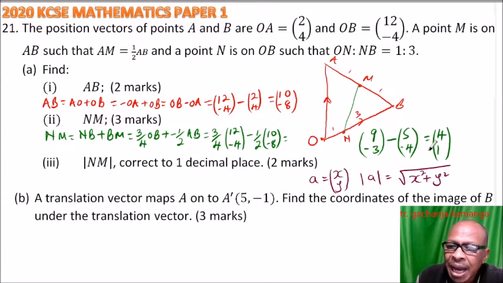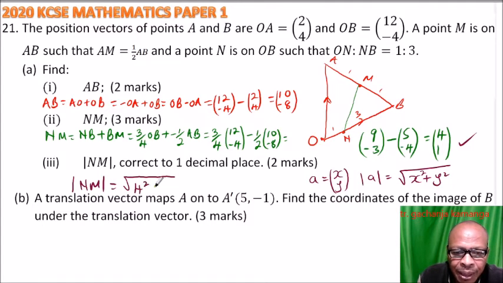And now that we have NM, here in part Roman number 2, this is our NM. So we say the magnitude of NM is equal to the square root of 4 squared plus 1 squared, which is the square root of 16 plus 1, so that's the square root of 17.